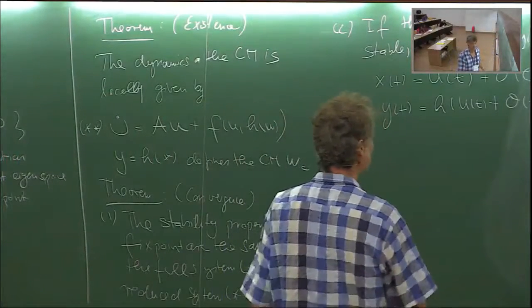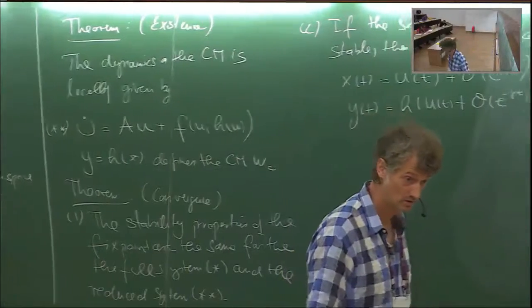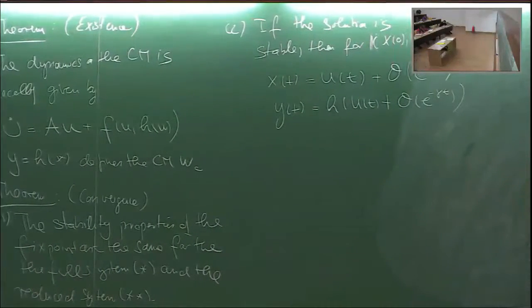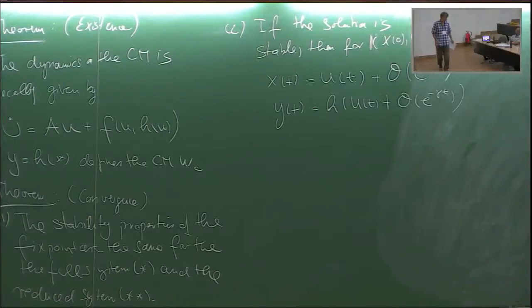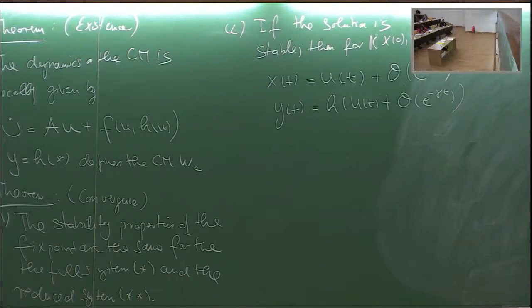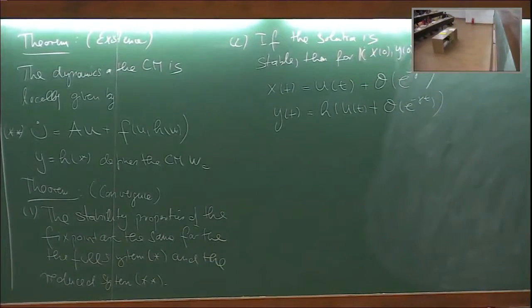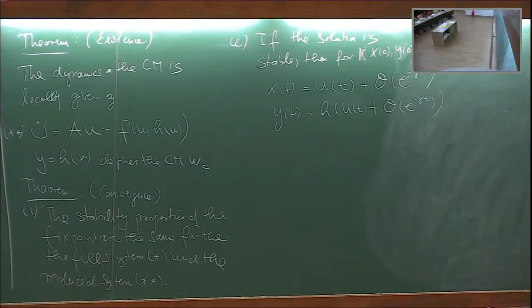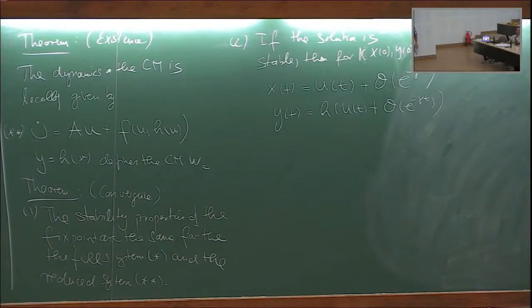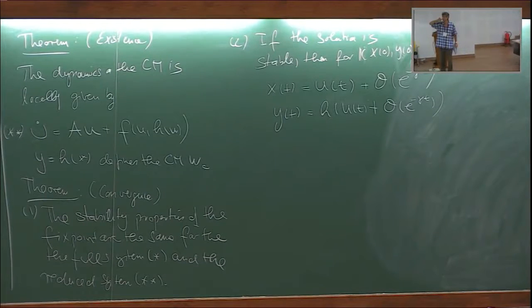So, since the manifold is not unique, there are many possible choices. But they're all exponentially close. Does the gamma depend on H? I don't know, but I doubt it.